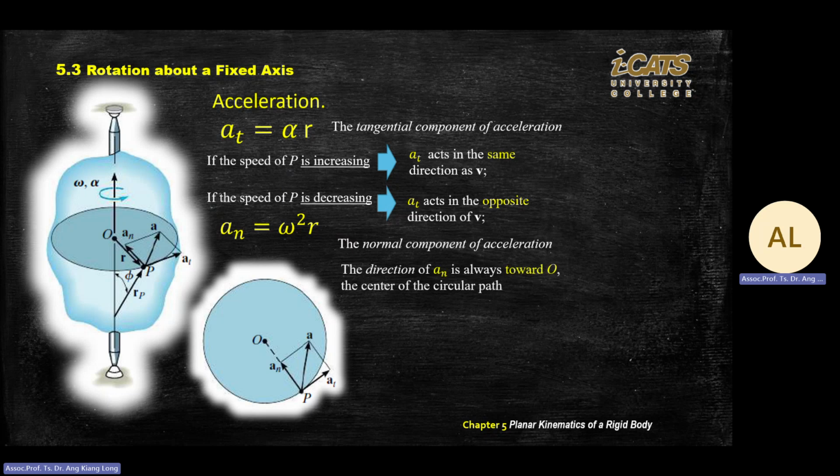What you need to remember is direction of a_n. Direction of a_n in circular body or in rotation rigid body is always pointing inside. There's acceleration pointing inside when you have a circular motion. It's like gravity.